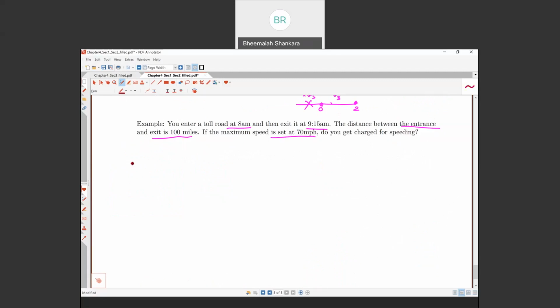Say at x equal to 0, the functional value will be f(0). Now we want to define x here as a time variable, which means it is 1 hour and 15 minutes. That is the time taken to enter and exit and travel 100 miles on this toll road.